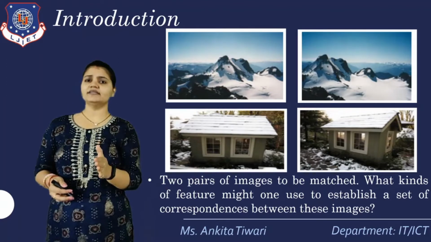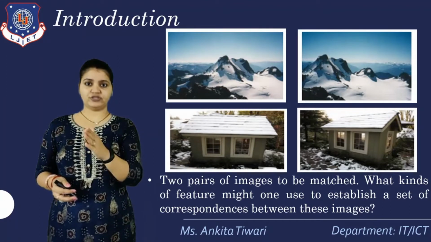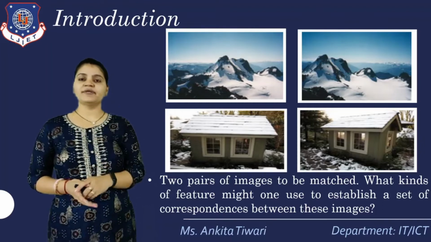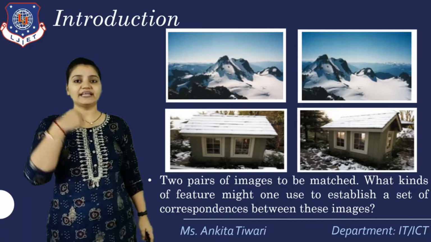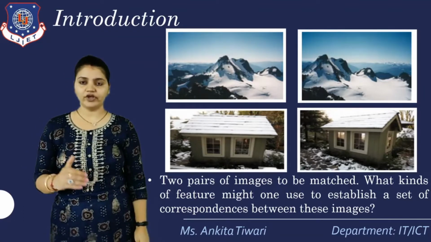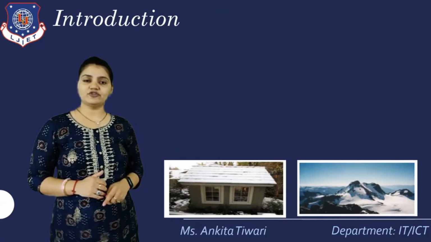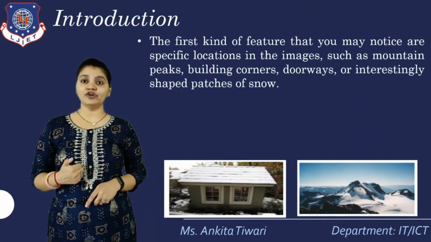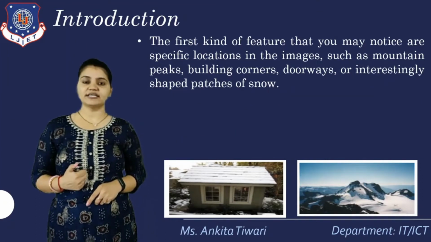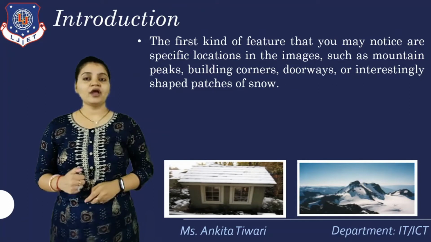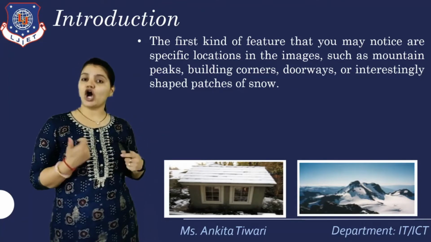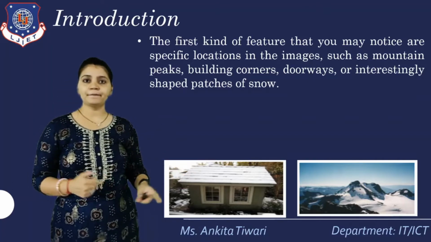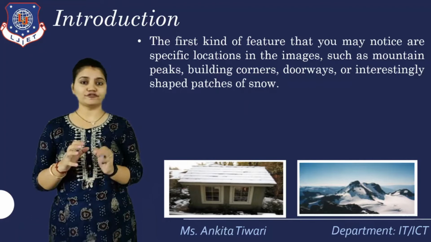This is the chapter where the concept is based on image features, and how we extract them from a particular image. Suppose we are taking two images. The first kind of feature you notice is specific locations in the images, such as the mountain peaks I have shown you, building corners, doorways for a particular building, or interestingly shaped patches of snow.